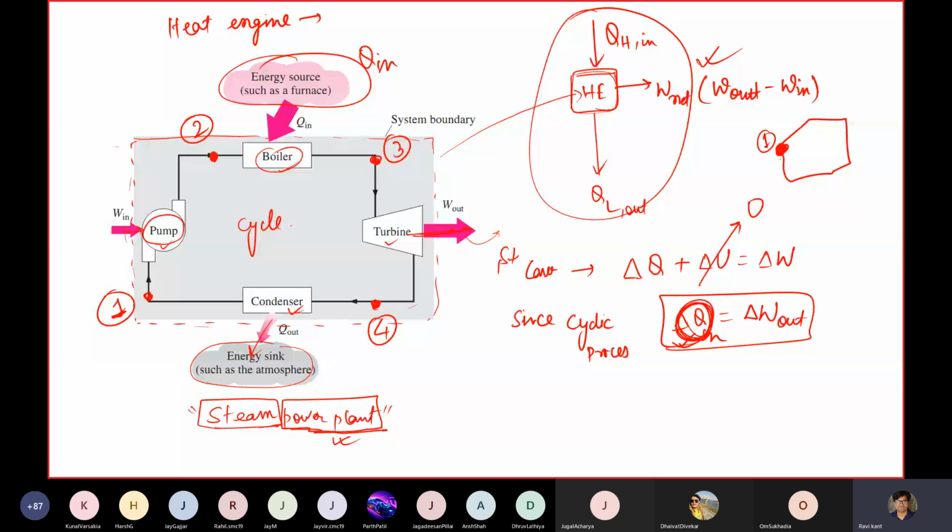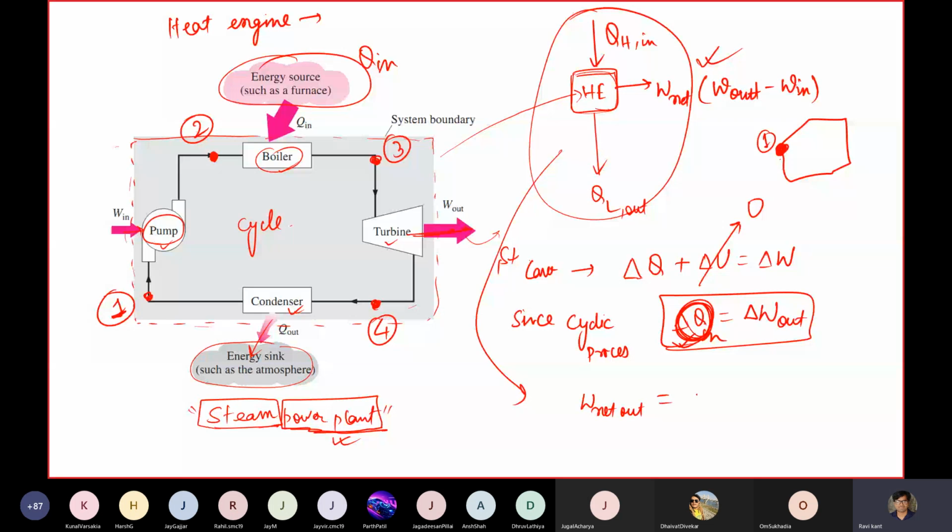Here in this heat engine, we can write my net work out is nothing but Q in minus Q out. This is what we can write through the first law of thermodynamics, right?